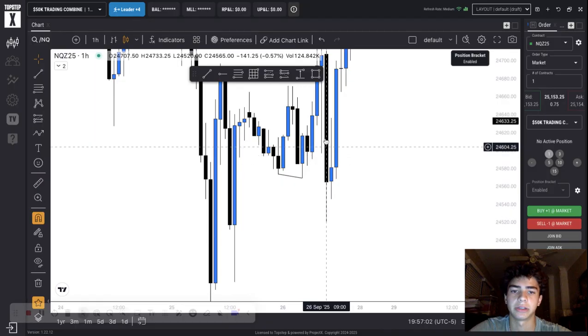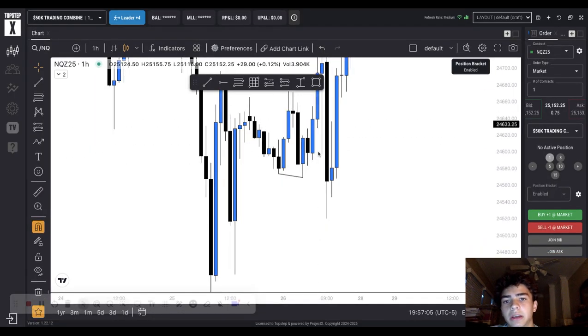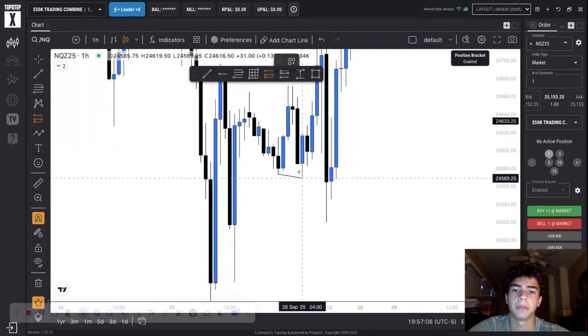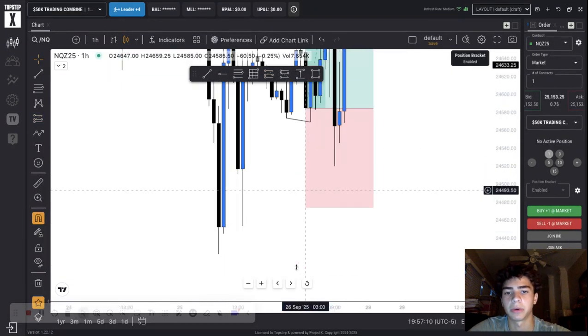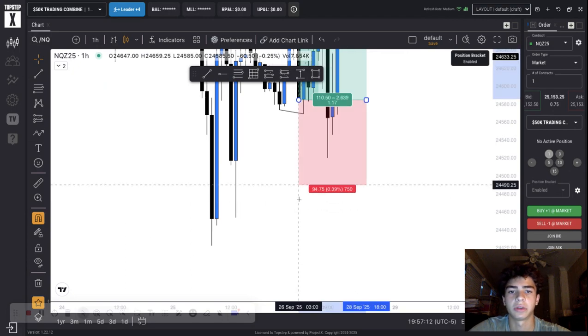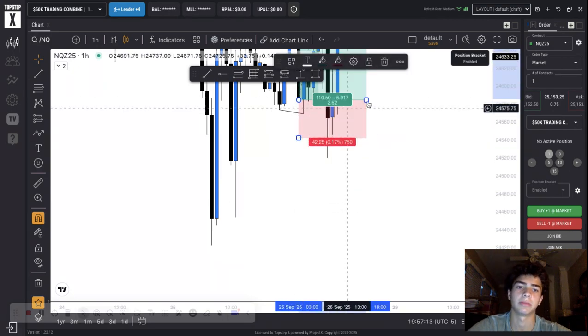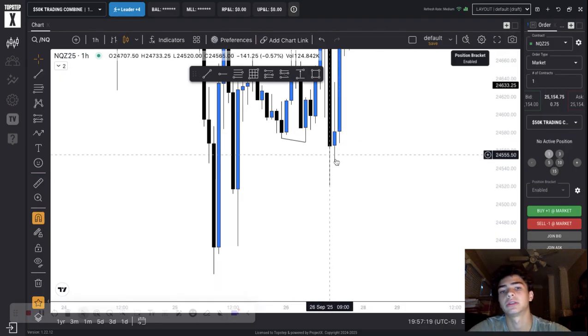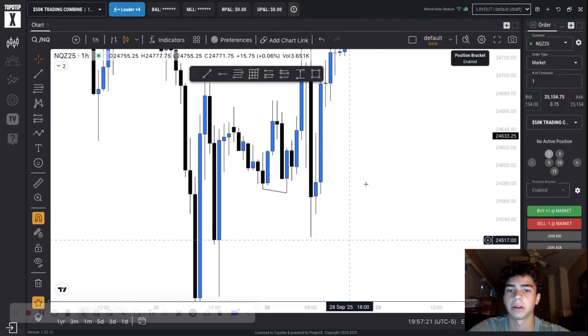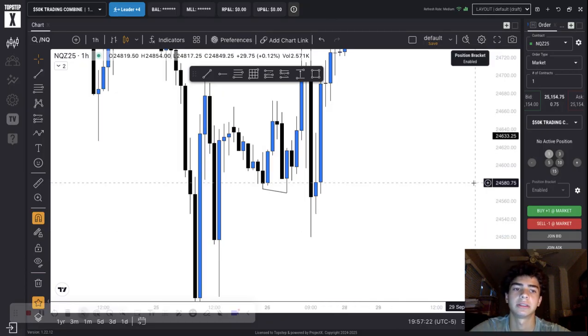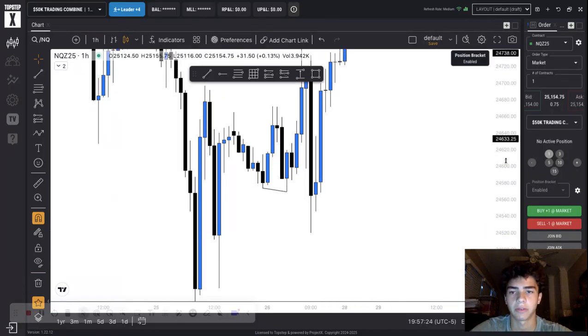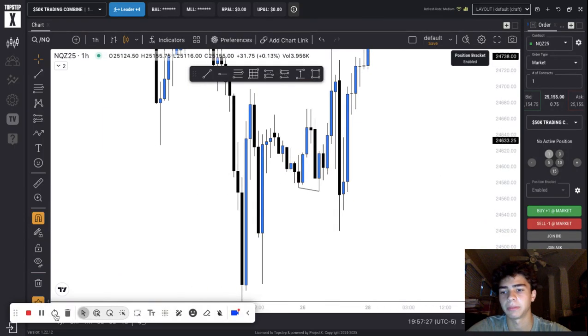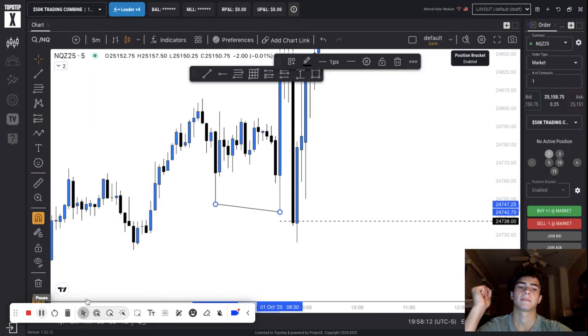And as you can see, price right here ends up taking this out and wicking out lower. Because if you think about how traders are, they're going to have their stop losses down here somewhere. That move wasn't enough to stop them out, but this move was able to stop out all these traders and take out their orders, so big institutions can fill their big orders, basically stopping everyone else out, so they can fill their order. I'll go through one more example, but hopefully this is pretty simple.